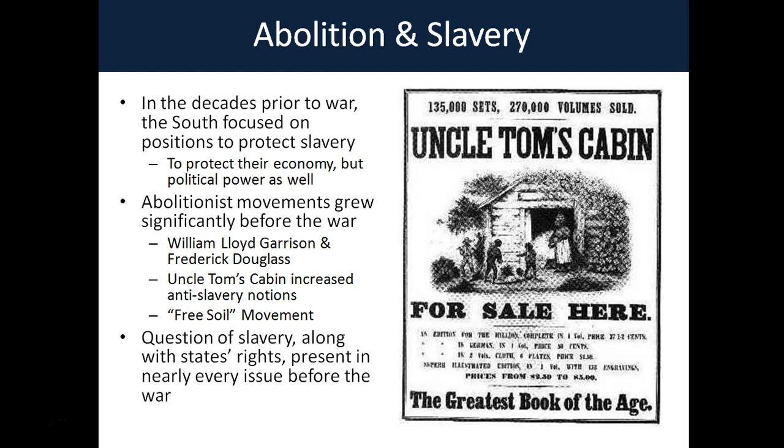And then all these questions are based on slavery, along with, like I said, states' rights, which were present in nearly every issue before the war. So it's a big part, and it's something that you can't forget in any of the topics that might come up, whether they were mentioned in this lecture or not.